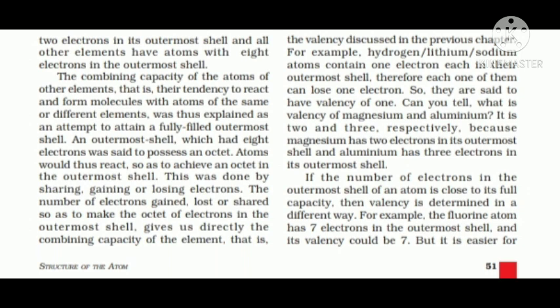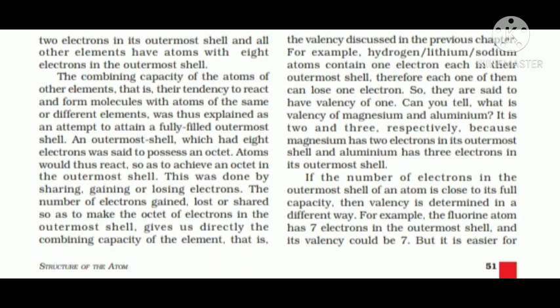The number of electrons gained, lost or shared so as to make the octet in the outermost shell gives directly the combining capacity of the element, that is, the valency of the element.